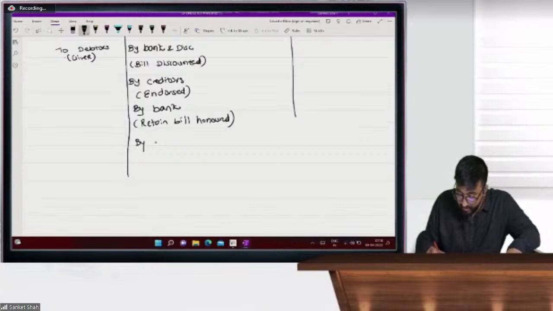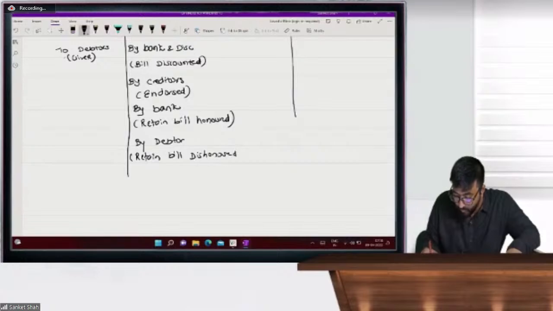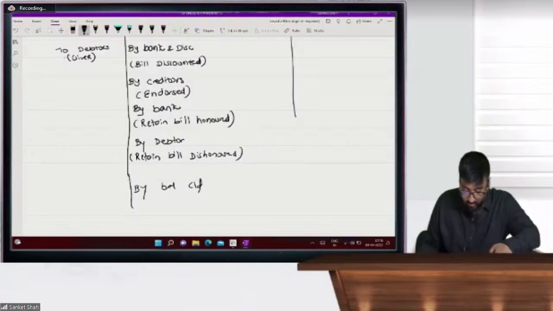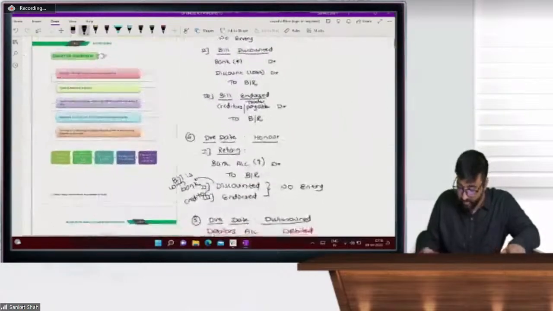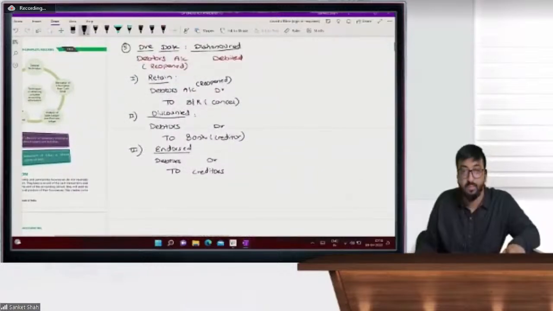And by debtor, retained bill dishonored. And finally by balance carried down. All entries clear.